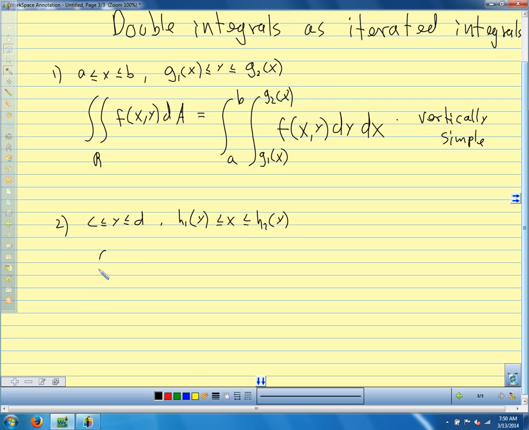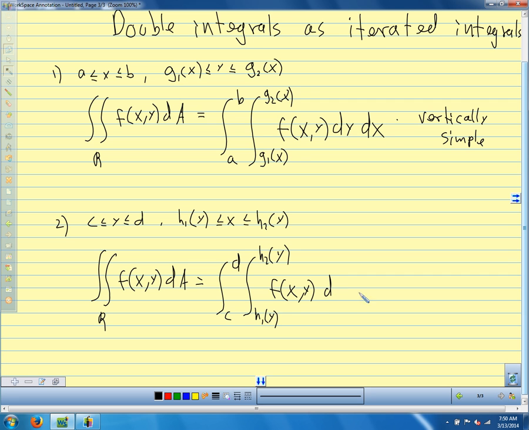This double integral over our region of f of x y dA is going to be the integral from c to d, the integral from h1 of y to h2 of y, of f of x y, dx dy. And this is for a horizontally simple region.